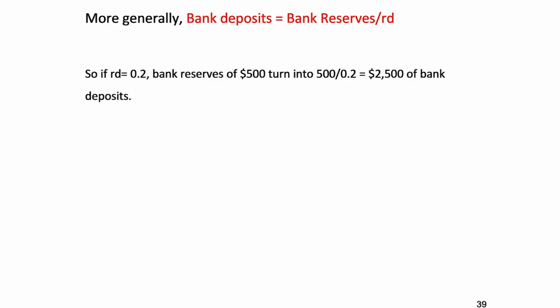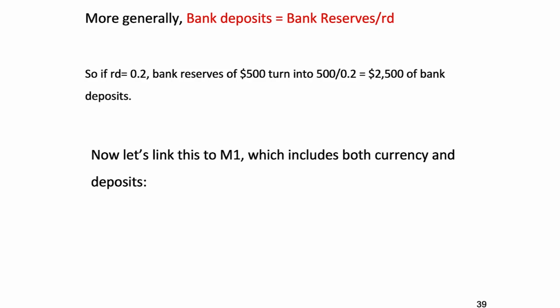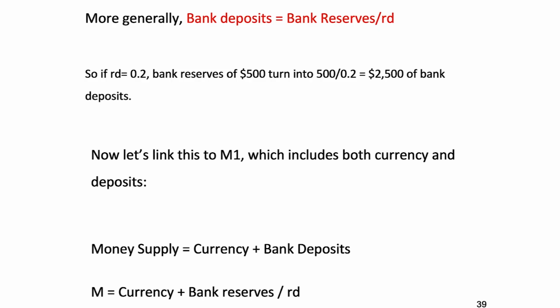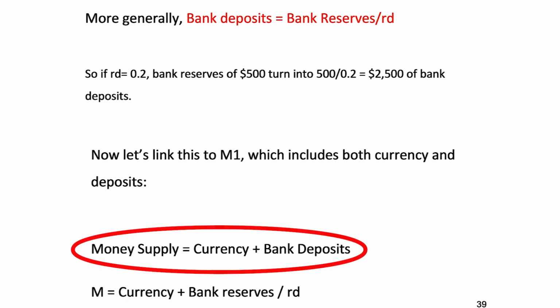Obviously, the lower the reserve requirement, the more of the initial deposit gets given out as loans, and so the multiplier will be bigger. The greater the reserve requirement, the smaller the multiplier. Basically, you can see the total effect by looking at what happened to the monetary base, which is the currency, plus what happened with the bank deposits.